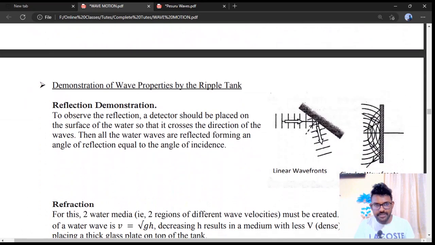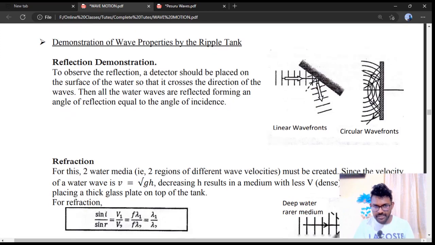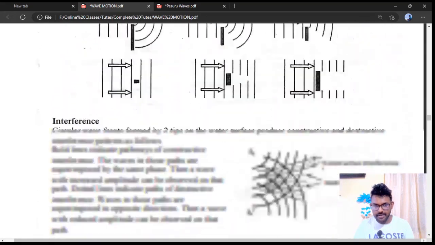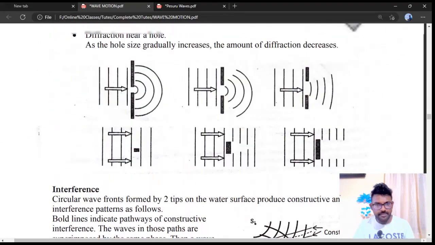Now let's use this ripple tank for the demonstration of the 5 properties of the waves. So we're going to demonstrate the reflection, refraction, and we can even demonstrate the diffraction and the interference. Yeah, those things we can demonstrate.